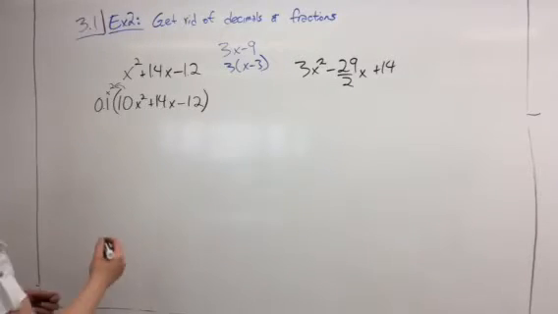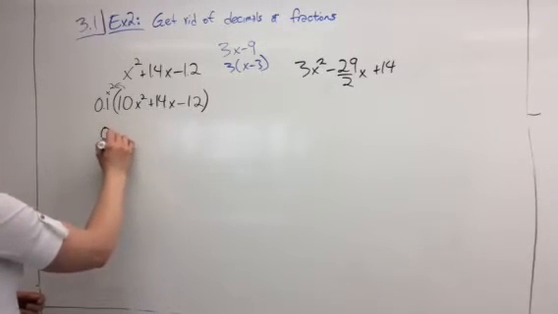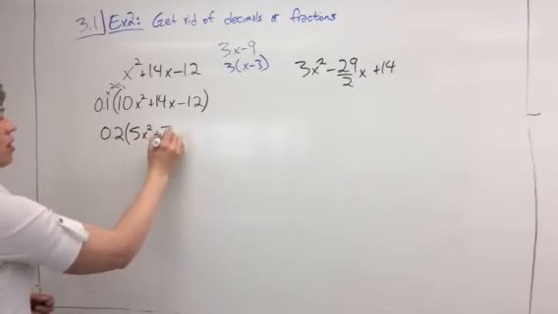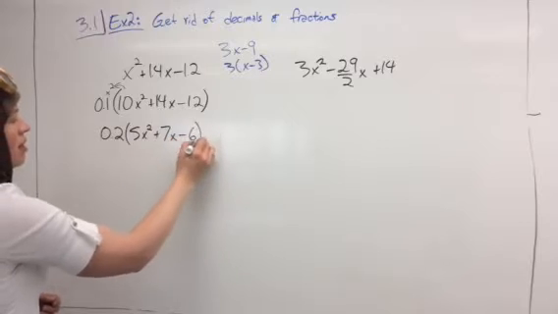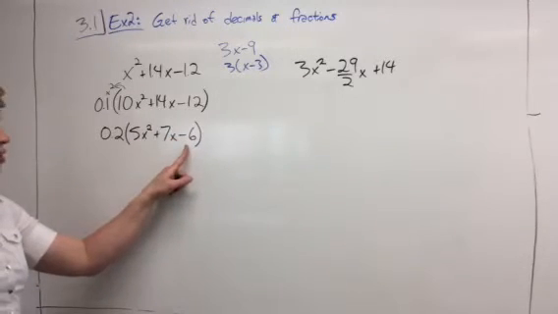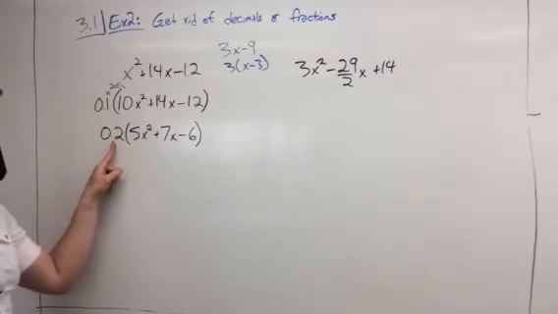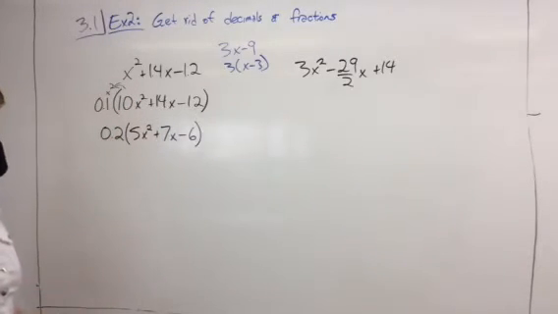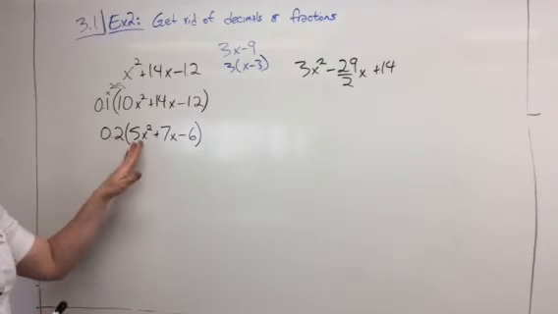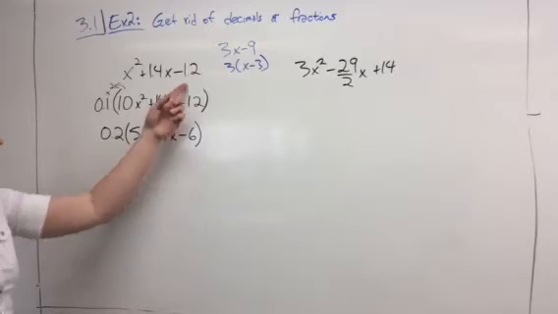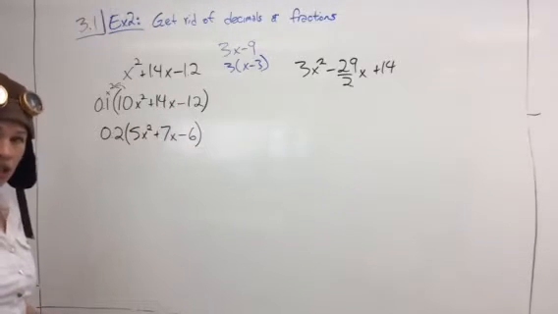So I'm going to rewrite this again as 0.2 times (5x squared plus 7x minus 6). So these guys have all been reduced by a factor of 2. The 2's been taken out and multiplied here. And you can see that if you give it a shot, 0.2 times 5 gets you 1, so the original one. 0.2 times 7 would get you 1.4. 0.2 times 6 would get you 1.2. Check it out in your calculator if you don't believe me.